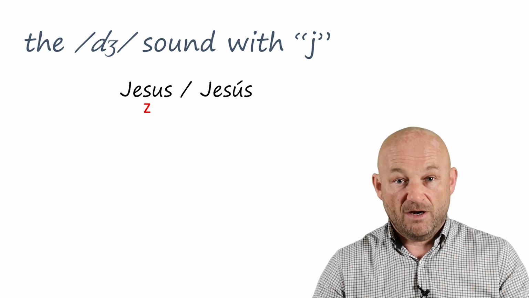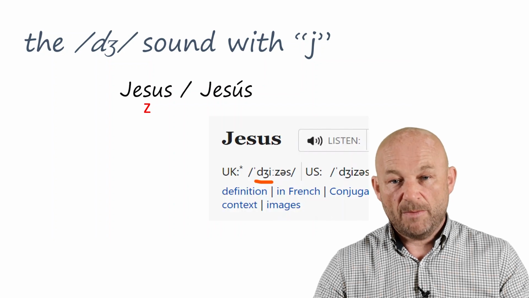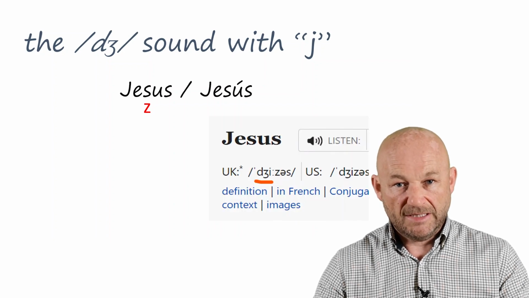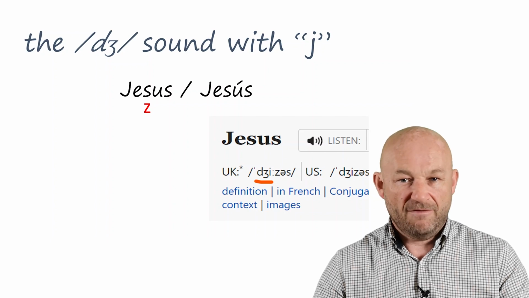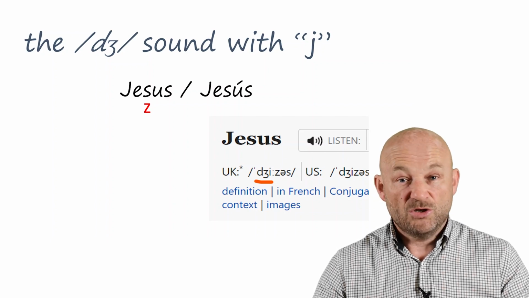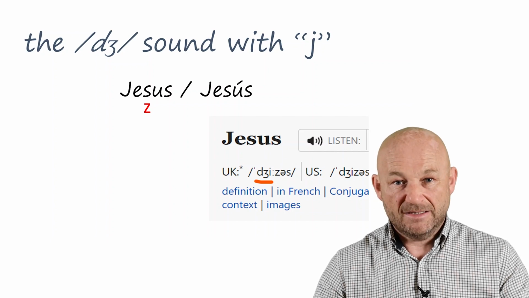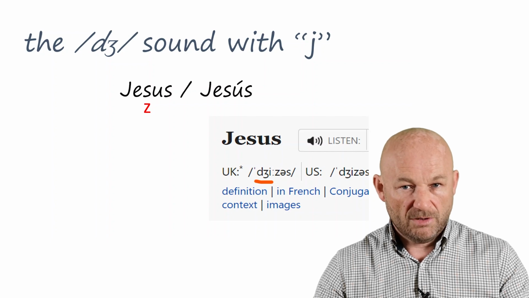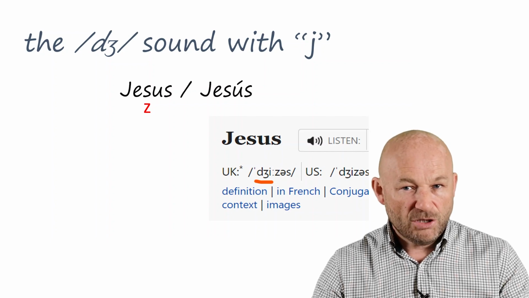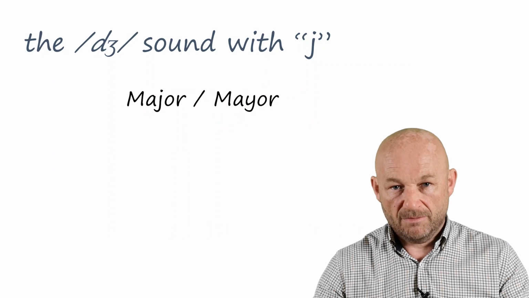You can see from wordreference.com that it has the phonetic symbol representing the j sound. This j sound is used everywhere in English, so you must be able to pronounce it, because in many instances you will be misunderstood if you don't. Major and mayor are great examples of this problem.